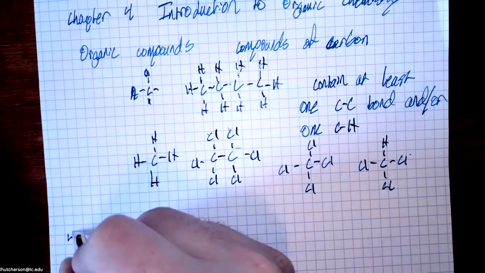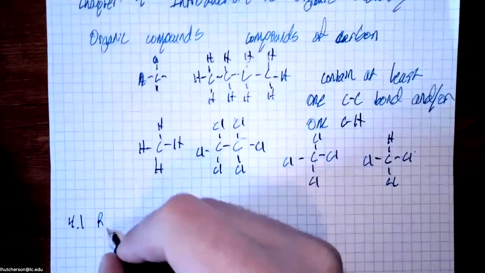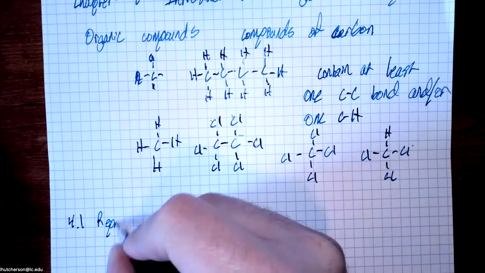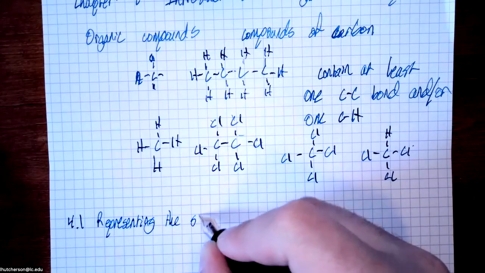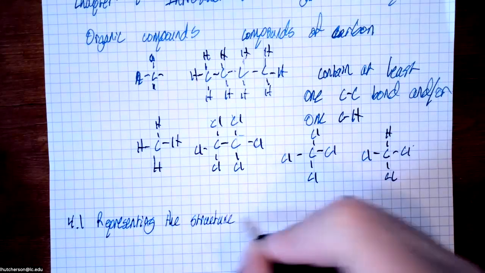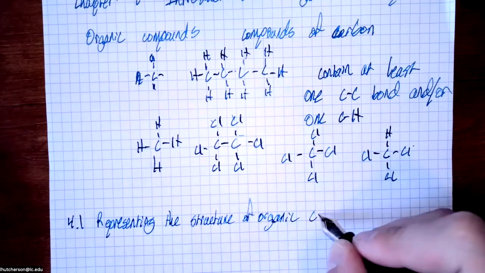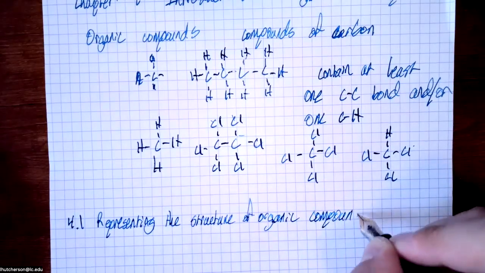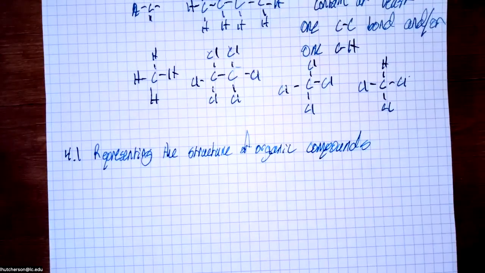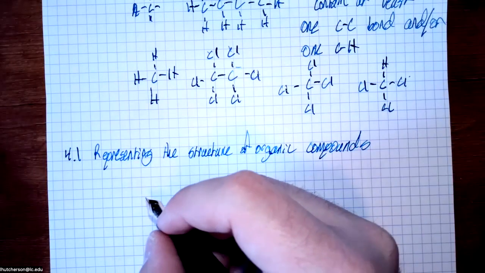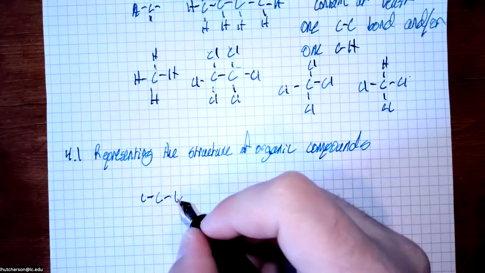Now, in section 4.1, we're going to talk about representing the structure of organic compounds. Right. So we talk about organic compounds being compounds of carbon. So let's look at something. Let's say that we have 3 carbons bonded in a row here.